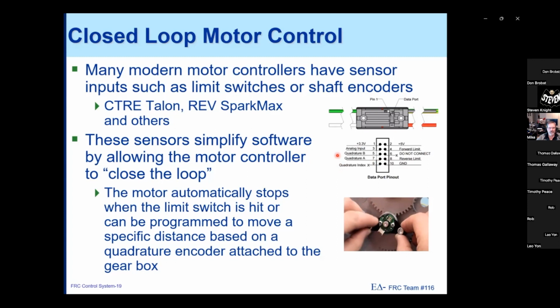Very handy and more of an advanced application. But if you can take advantage of some of these closed loop control mechanisms in the hardware, you can simplify the software dramatically.